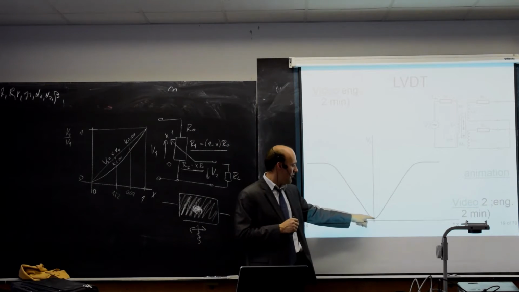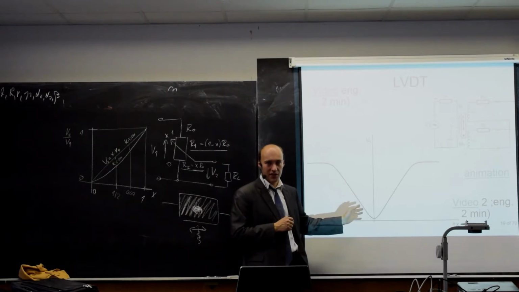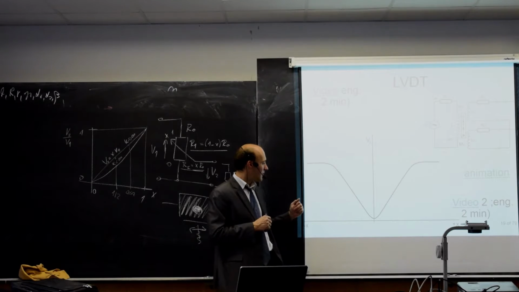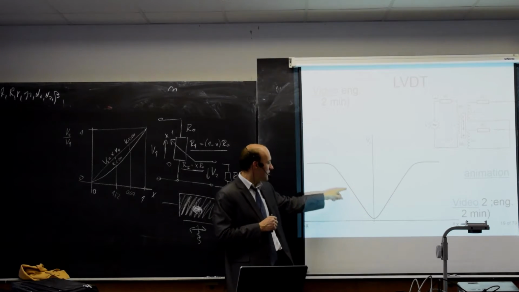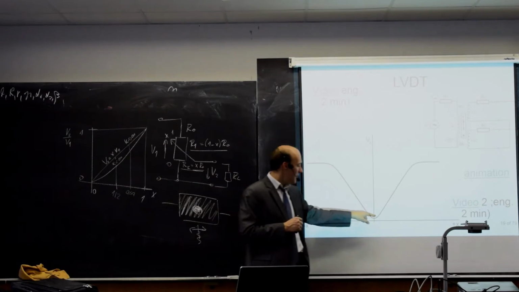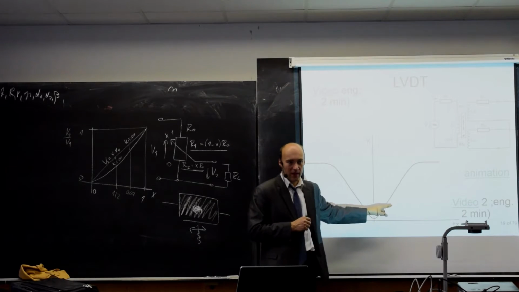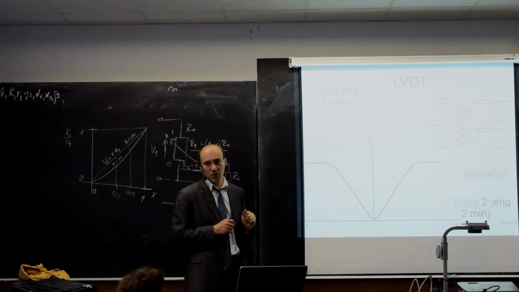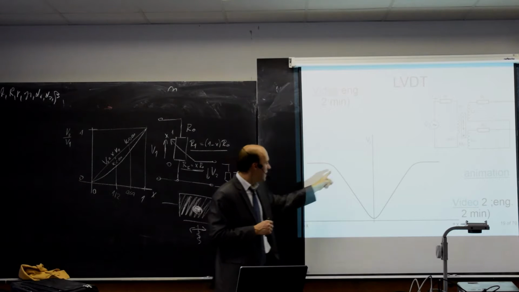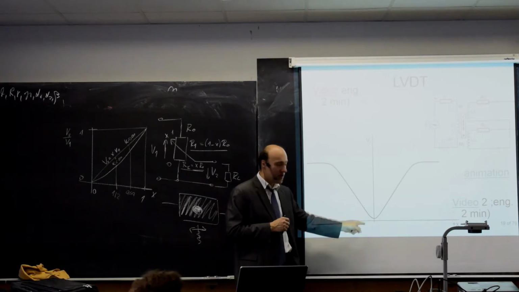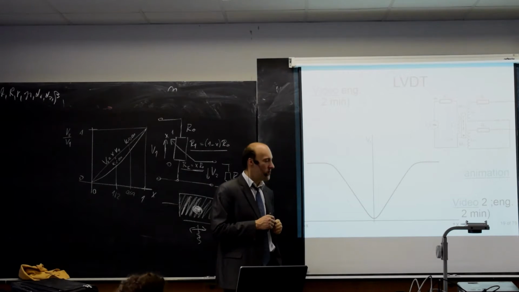So here we have a very small voltage at the zero position. Then we have a linear section and linear section here as well. So this is where the sensor will be used. We will use it somewhere around here where the voltage is linear.